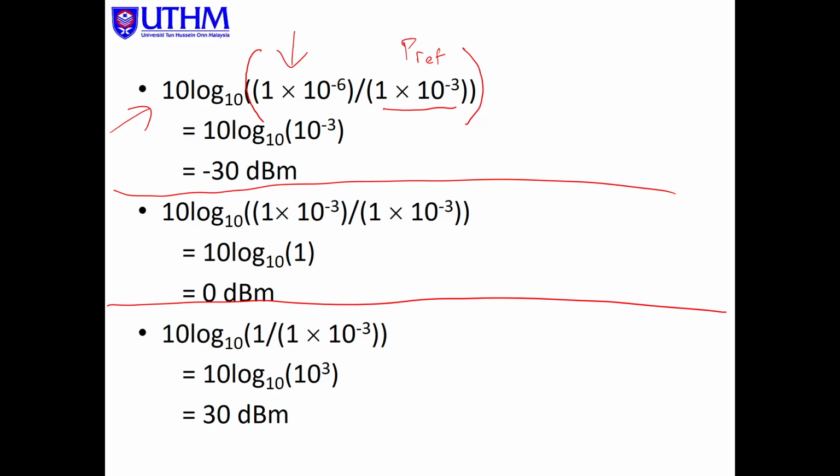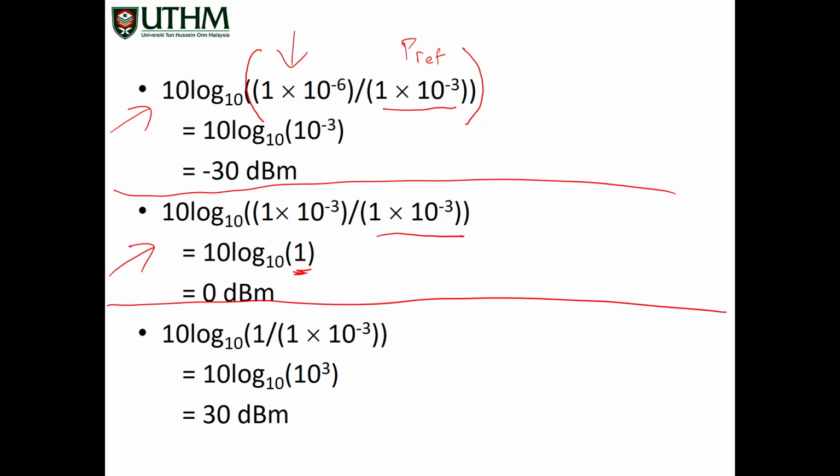Okay. The second question, 10 log of 1 milli, divide with the reference value 1 milli, because you want to convert into dBm. So 1 milli divide with 1 milli, so you get 1. 10 log 1 is 0, but the value is in dBm.